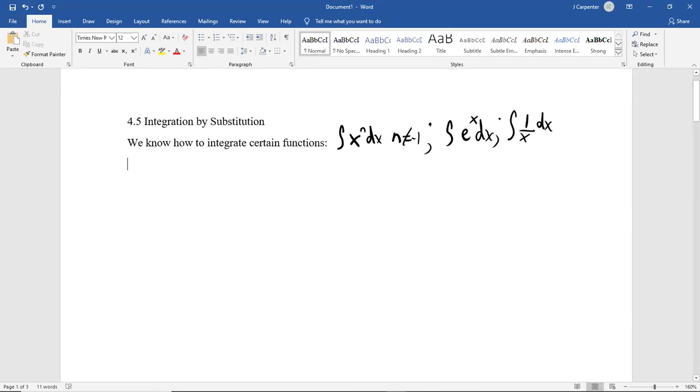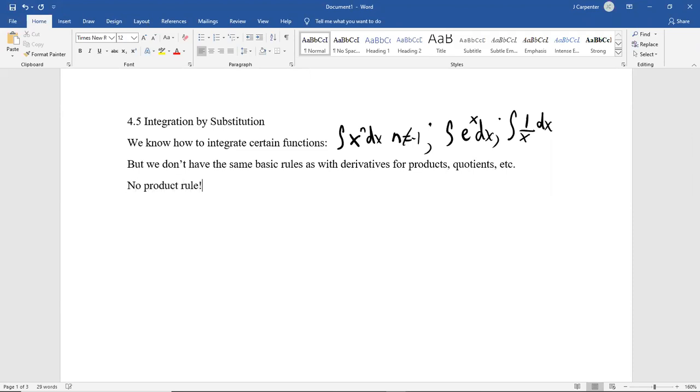But we don't have the same basic rules as with derivatives: products, quotients, etc. There is no product rule. There is no chain rule.